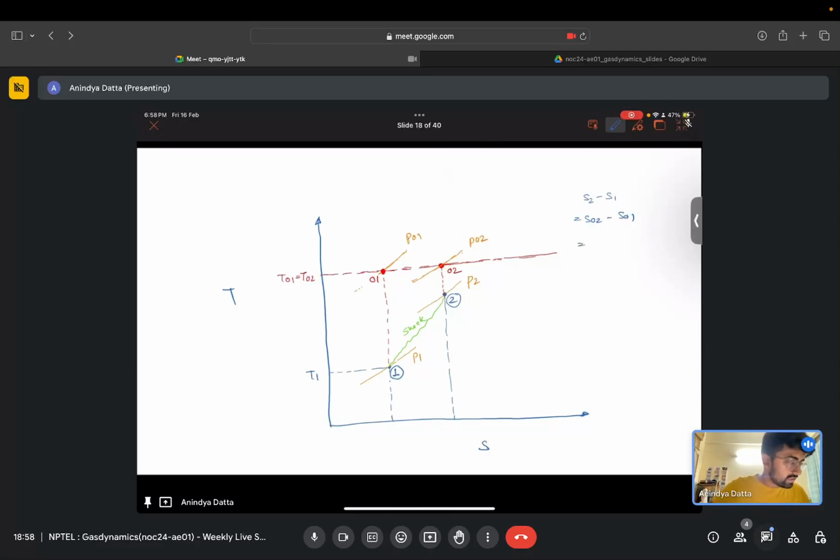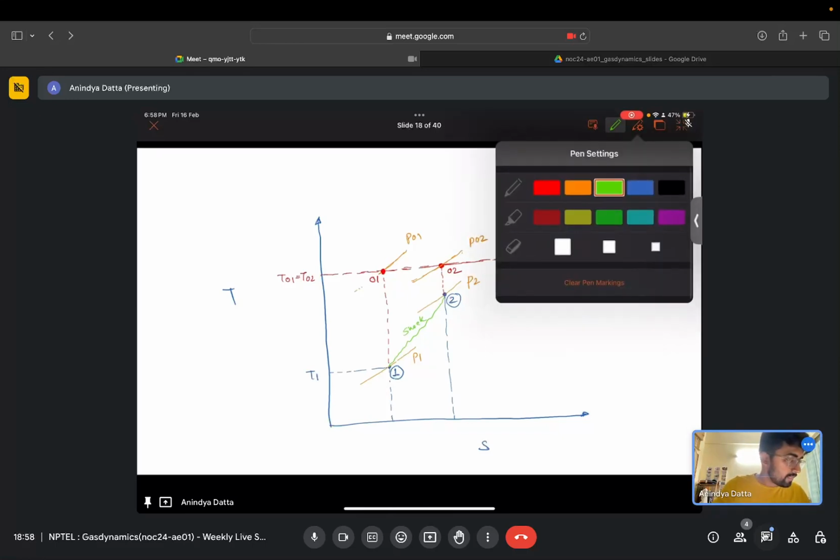So S02 minus S01 can be written as Cp ln(T02/T01) minus R ln(P02/P01). This first term goes to 0, because T02 is equal to T01.